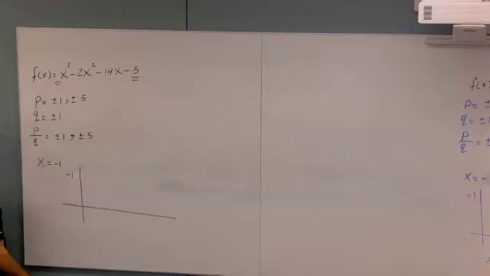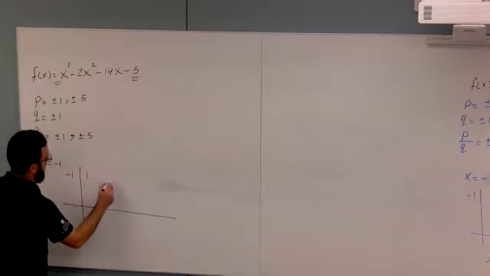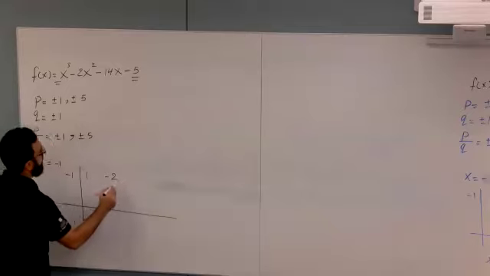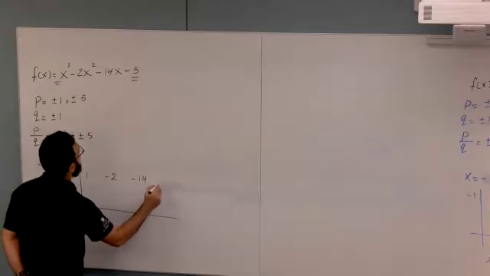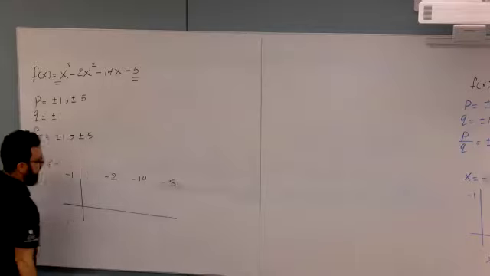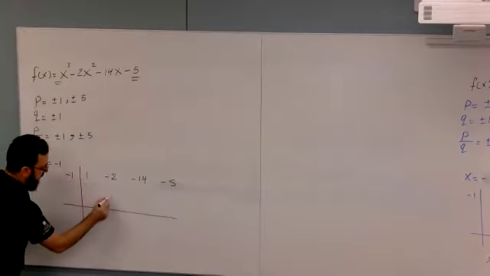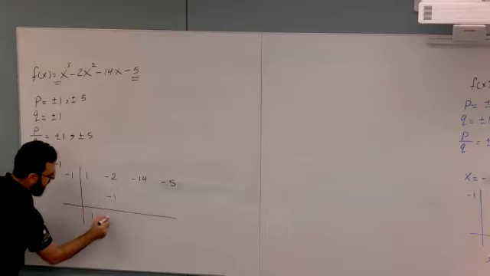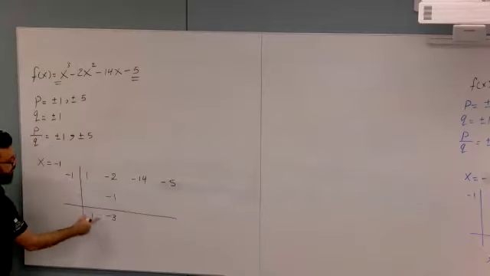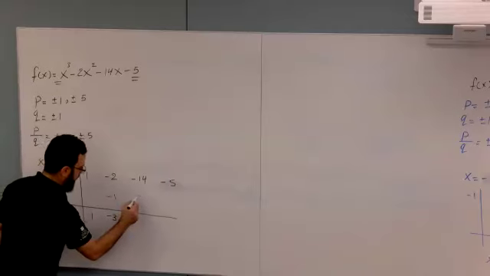Write down 1, -2, -14, and -5. I'm going to write down the first number. -1 times 1. Add these. 3. -1 times -3. 3.